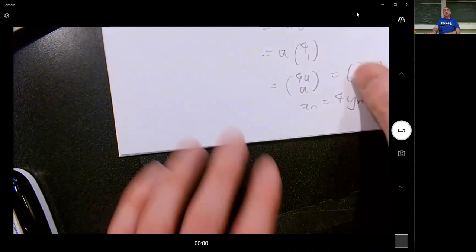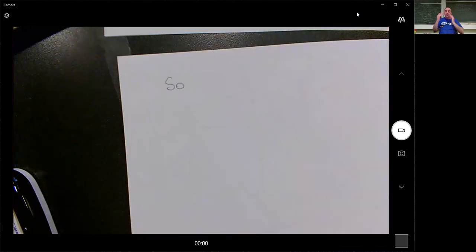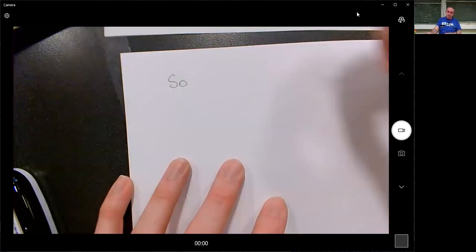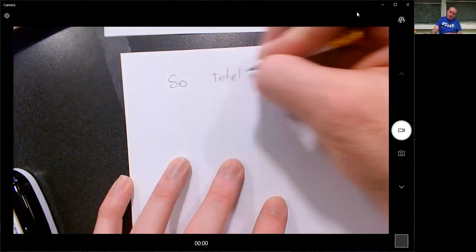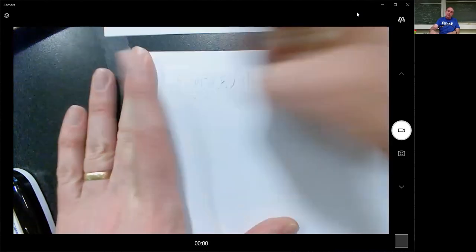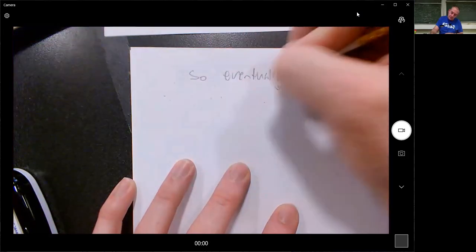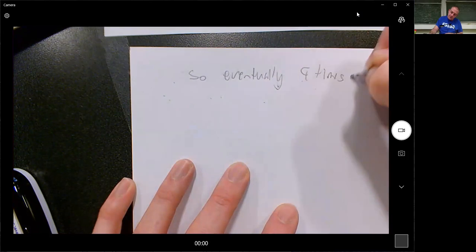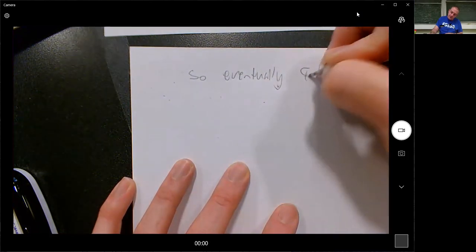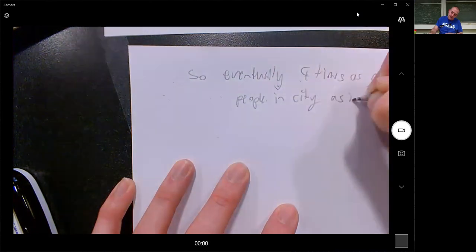And so that means, the total population, so eventually 4 times as many people in the city as in the country.